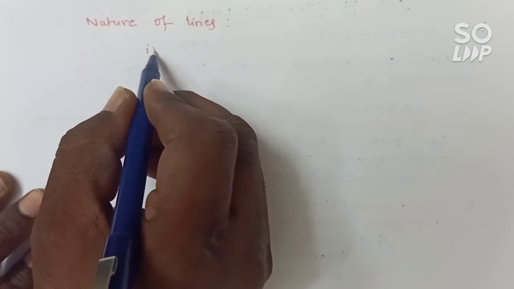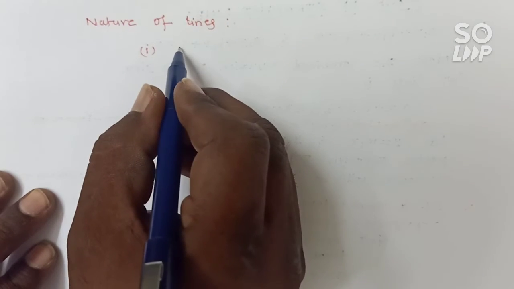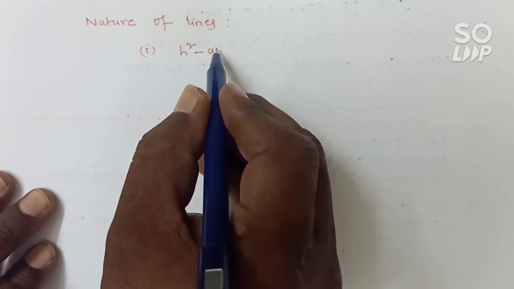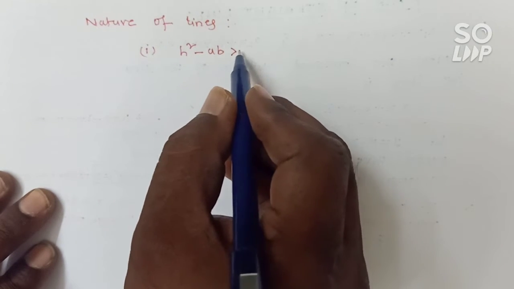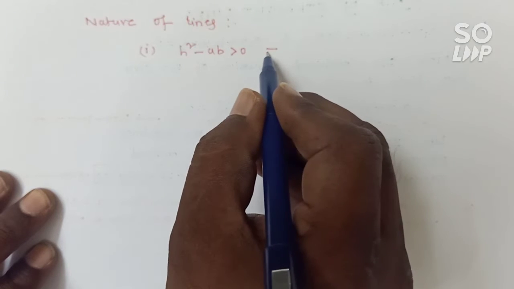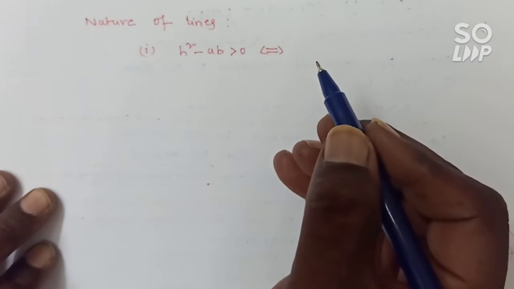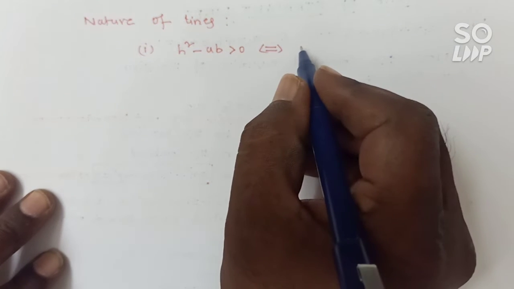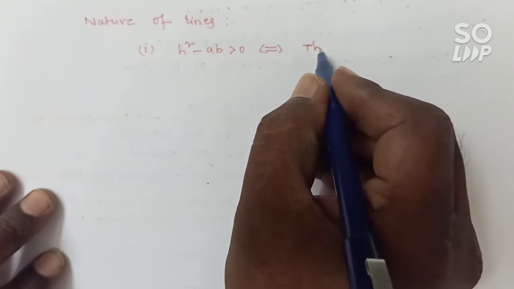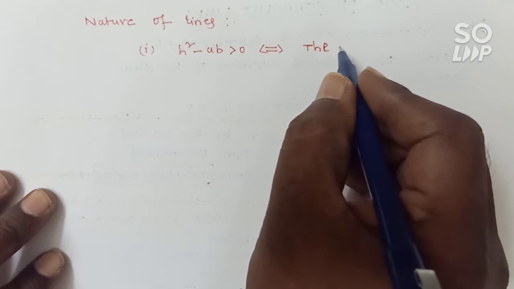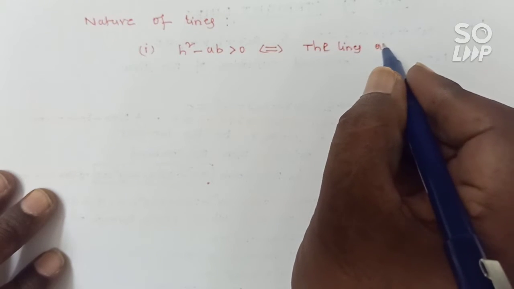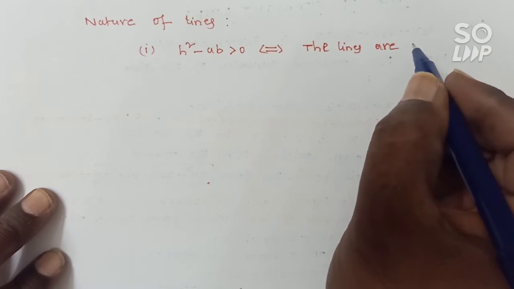See, the first one is h square minus ab greater than 0. The lines are real and different.